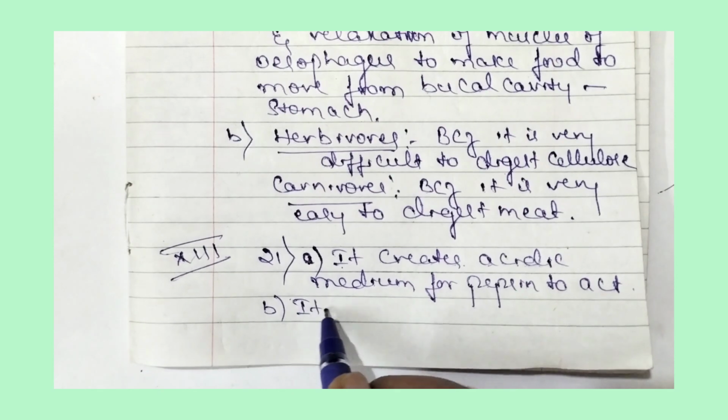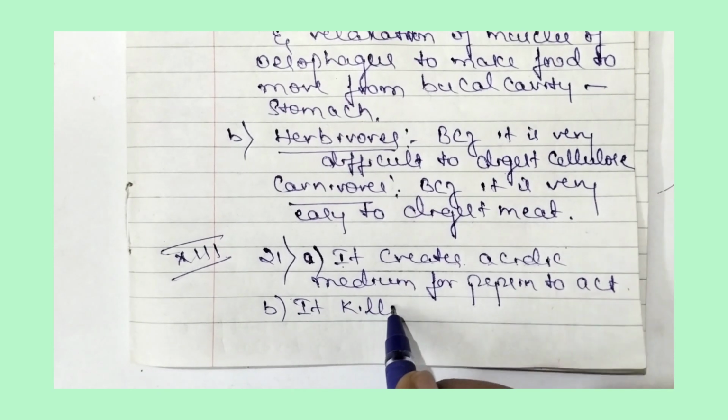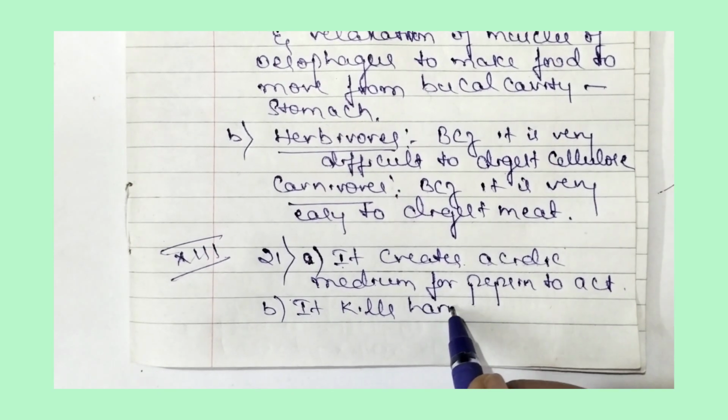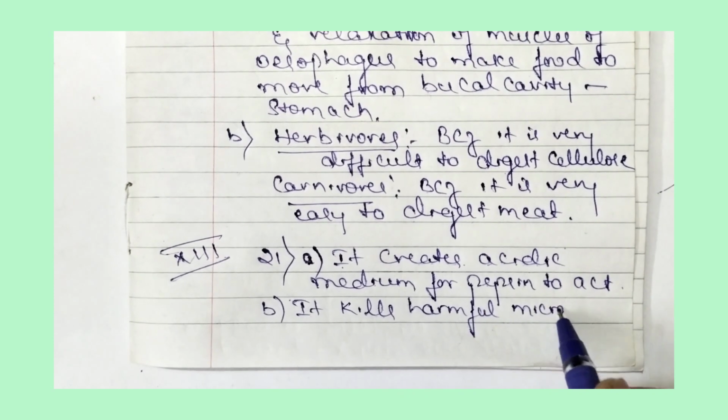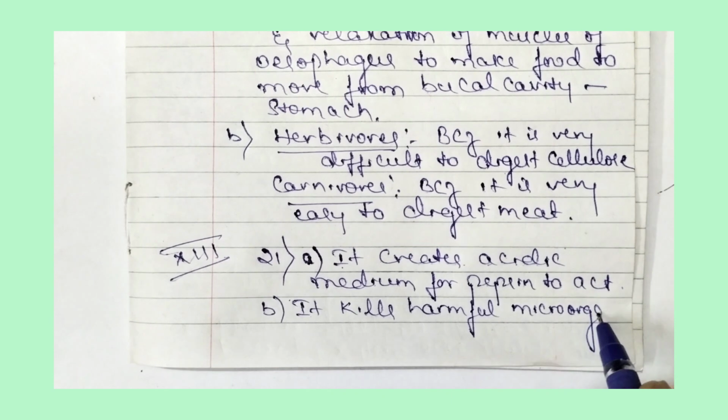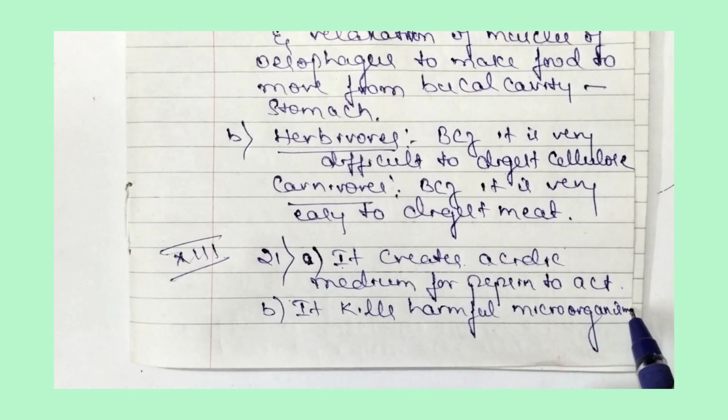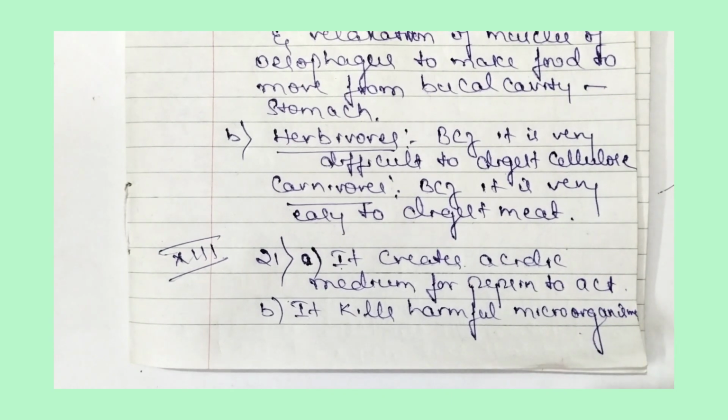The second role is that it kills harmful microorganisms. So these are the two roles of HCl in our stomach. Now let us see how digestion takes place in the small intestine.